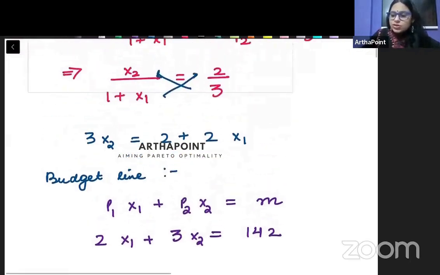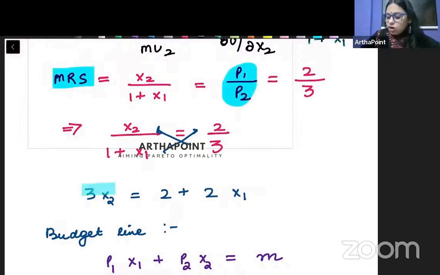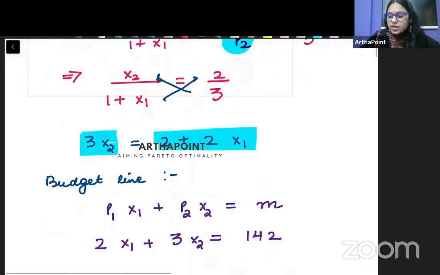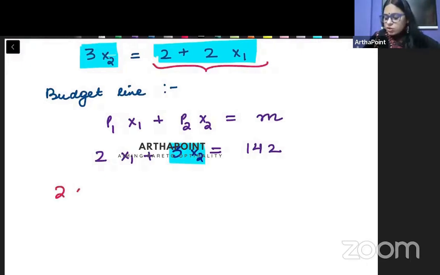Beta, इस equation से when you have equated MRS to the price ratio, you have got that 3x2 is equal to 2 plus 2x1. तो यहाँ पर 3x2 की जगह पर can I just write 2 plus 2x1? I can write that. So I will write 2x1 and instead of 3x2, I will just put this value.